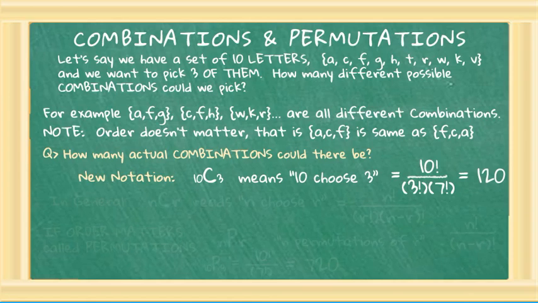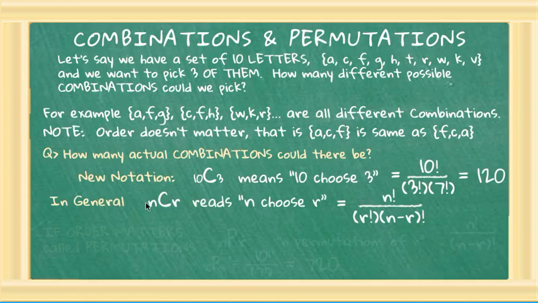Here's the formula that we used. In general, we call it N choose R. N is how many we have to begin with. R is the size of the groups that we pick. And C stands for combinations. We read that as N choose R usually. The way we calculate that is N factorial on the top of the fraction.